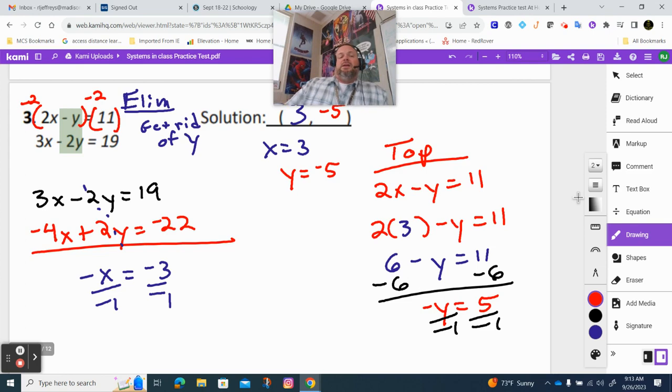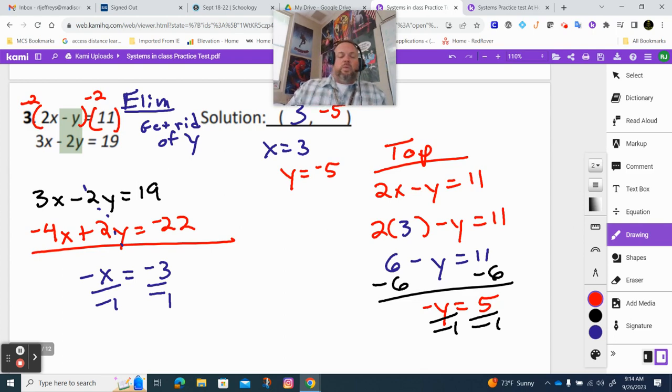Okay. So the question was, how did I multiply by negative 2? We chose to get rid of the y. So this was a negative 2y. This right here is rewritten in black. I would need this to be a positive 2y. So what would I have to multiply? Y'all would have to multiply this whole equation by negative 2 to make that a negative 2y. Now, you could have chosen to get rid of the x's. If you did, you would have to multiply the top and the bottom by something.